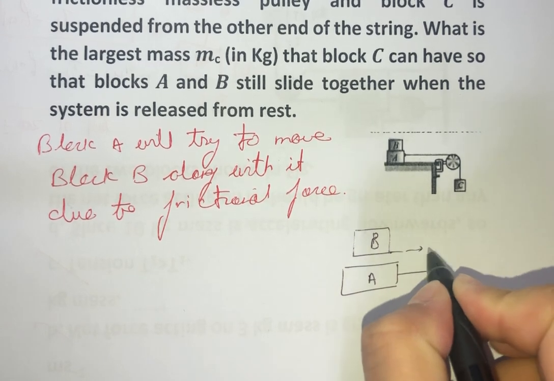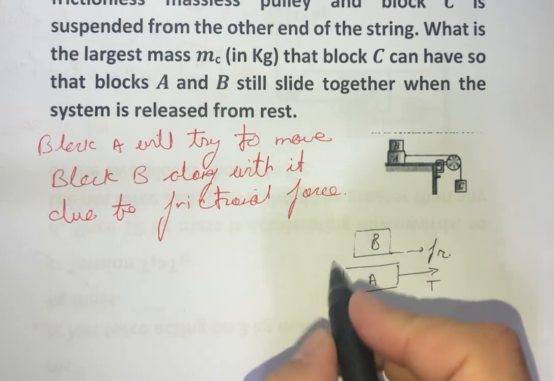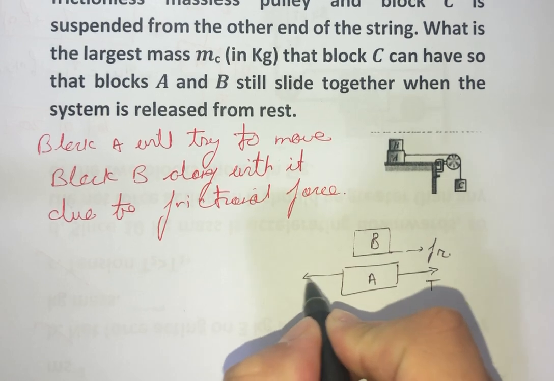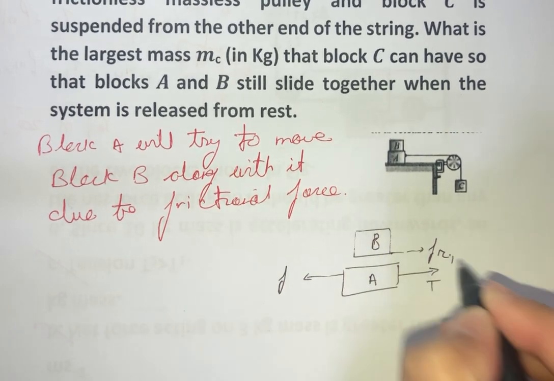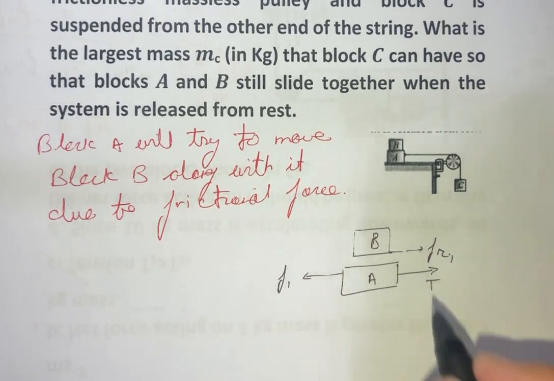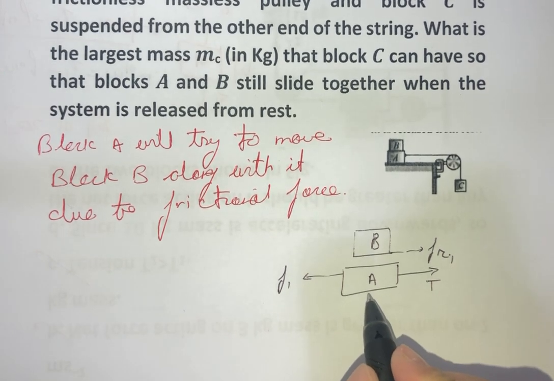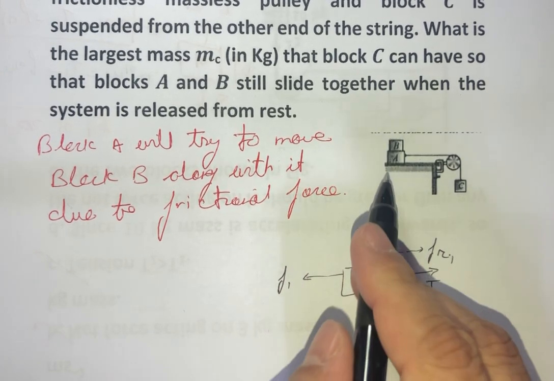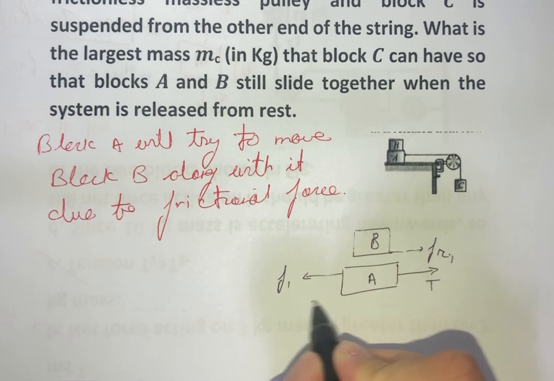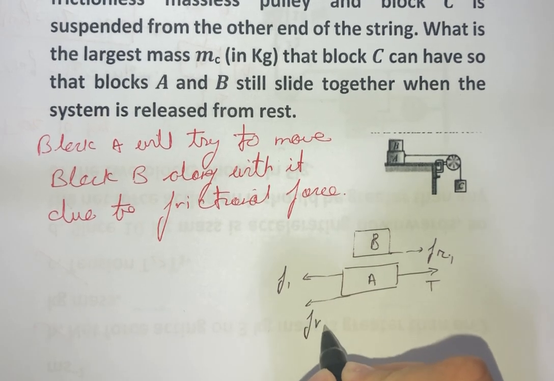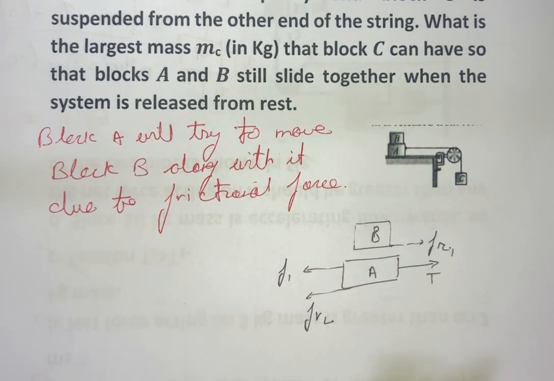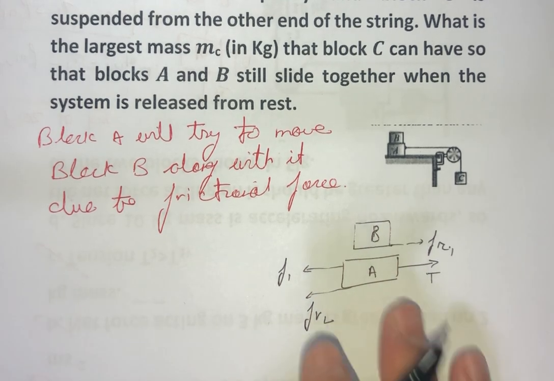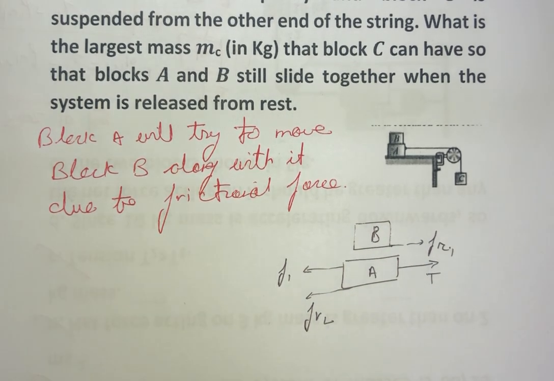So let us call that Fr, and equal and opposite will be acting on block A, let us call it Fr1. As there is also friction between block A and the tabletop, there will be a frictional force, let us call that Fr2, which will be acting on block A. So these are some initial forces. Later on we can find out the individual ones.